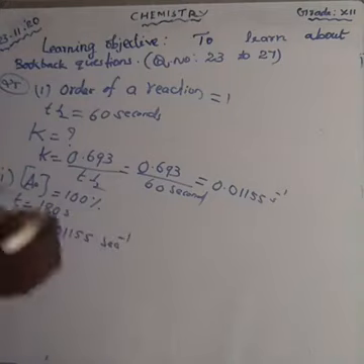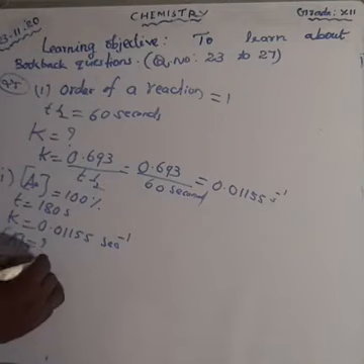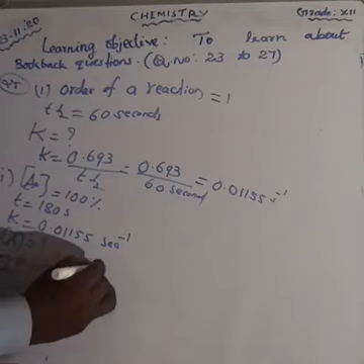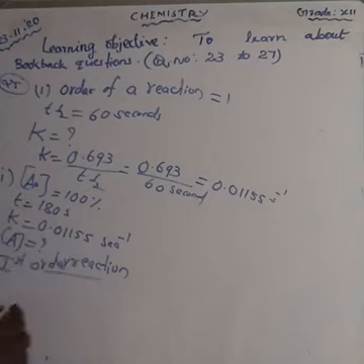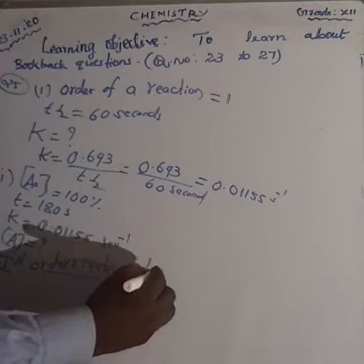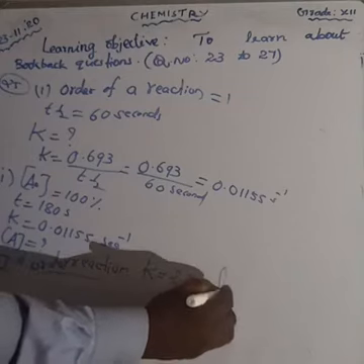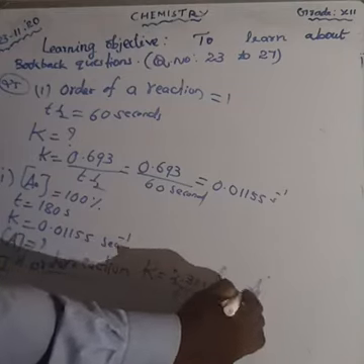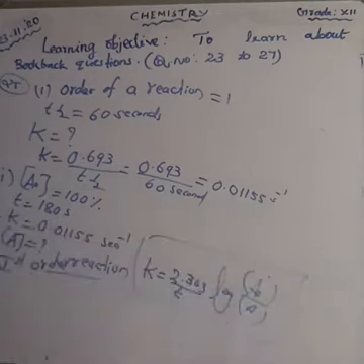What about the value of A? A we should calculate. For the first order reaction, we know the formula. K is equal to 2.303 divided by T, log A naught divided by A. This is the formula for K in the first order reaction.